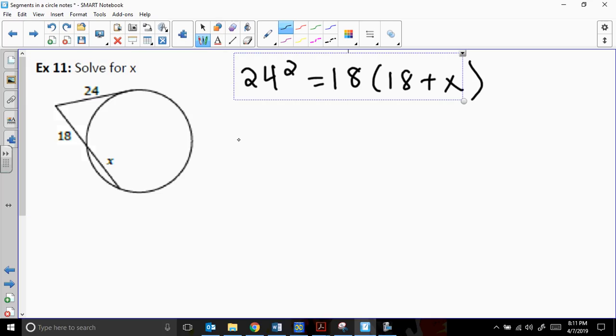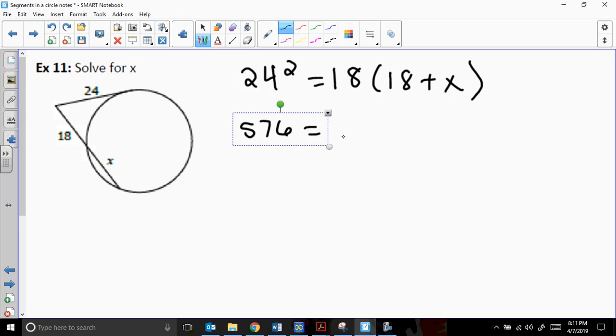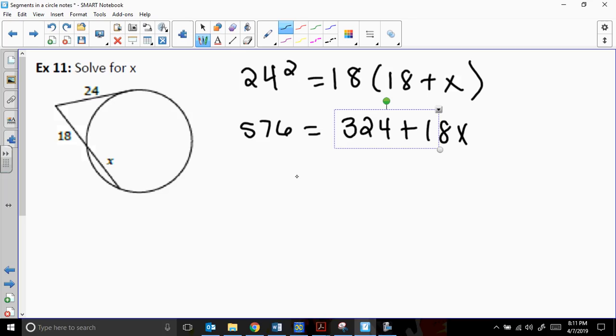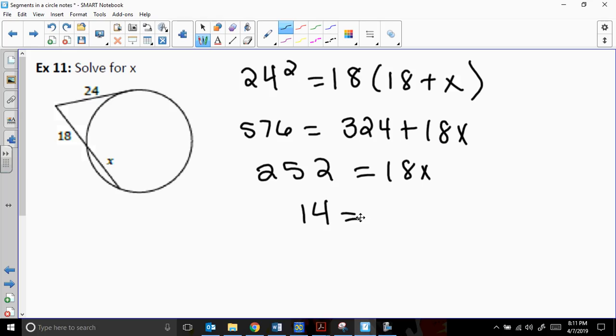And then so we know that 24 squared is 576. And then we're going to distribute here, which you get 324 plus 18x. Subtract 324 from both sides. Divide both sides by 18. We get 14 equals x.